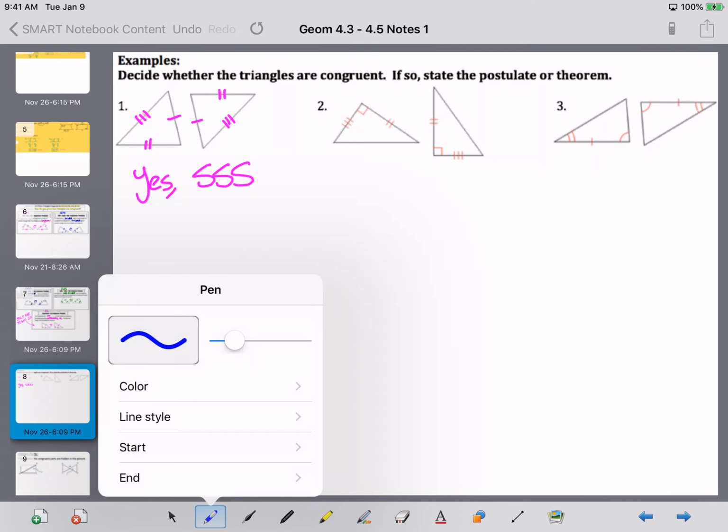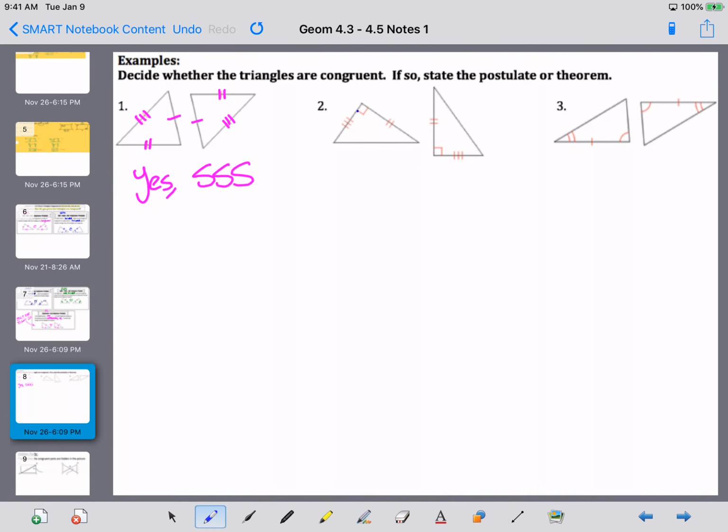I've got, this is a right triangle. So I know that that's a right angle. I don't have the hypotenuse though. I don't know what that is. But I do have a side, and then this included angle, and then another side. And then I have this side, same as that one, and an included angle, and another side.